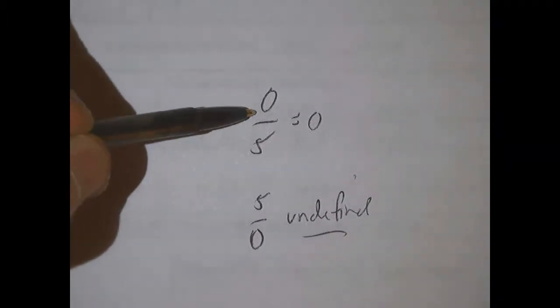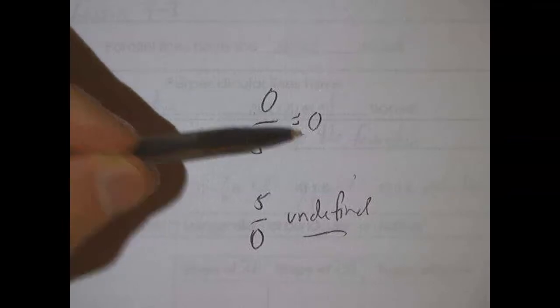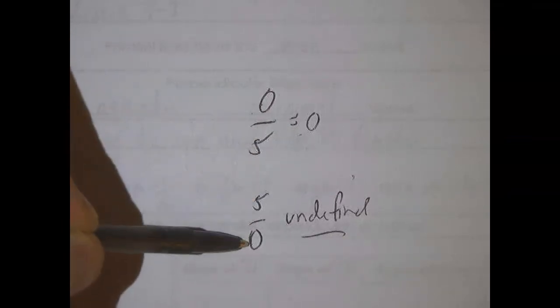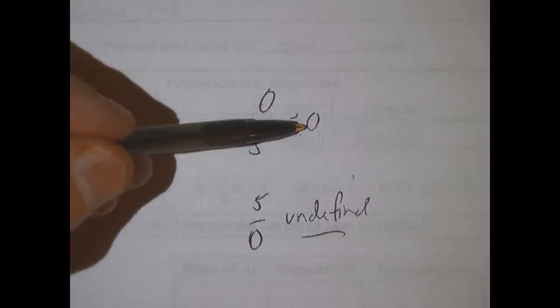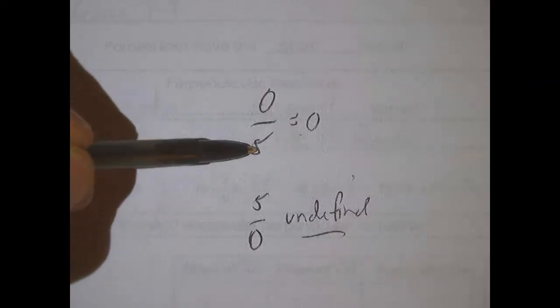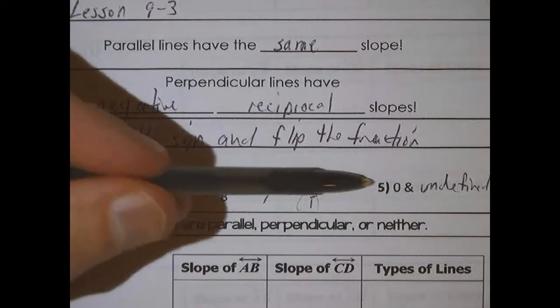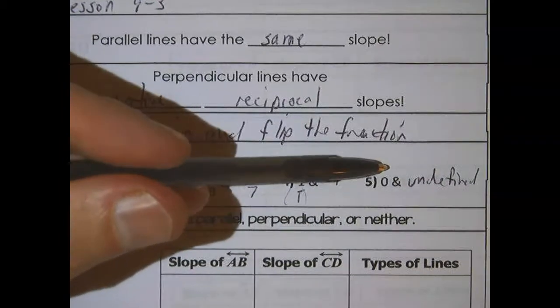Because if you have something like 0, let's say the slope is 0, and let's say it was 0/5. Well, if you flip that fraction, you get 5/0, which has to be undefined. Any 0 slope, no matter what it's over, flipping it upside down will become undefined. So if the slope initially is 0, then the perpendicular slope will be undefined.